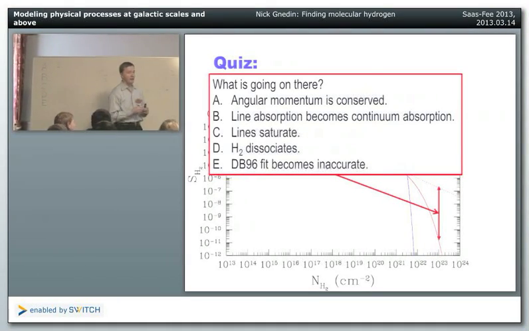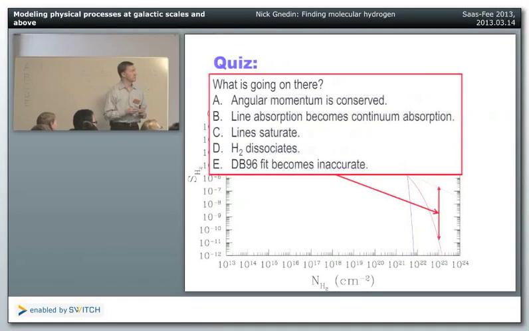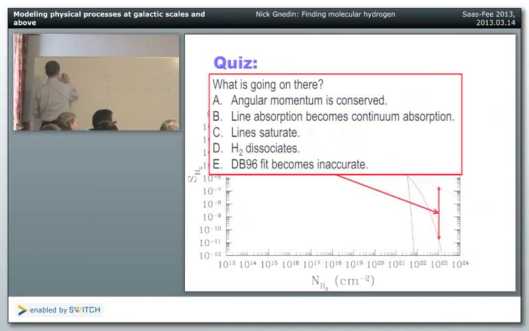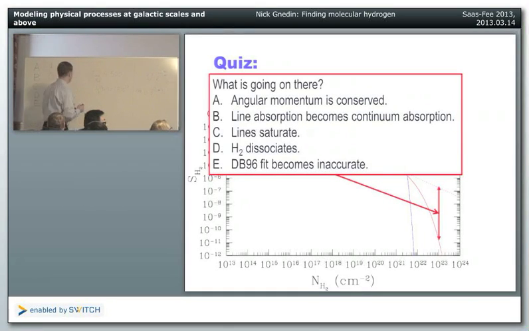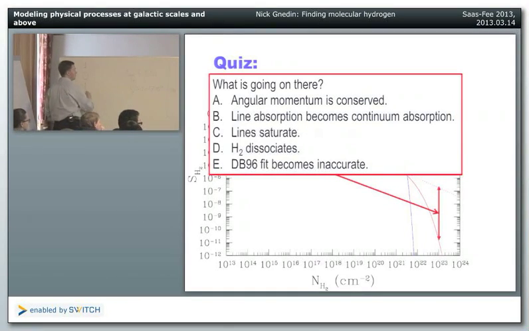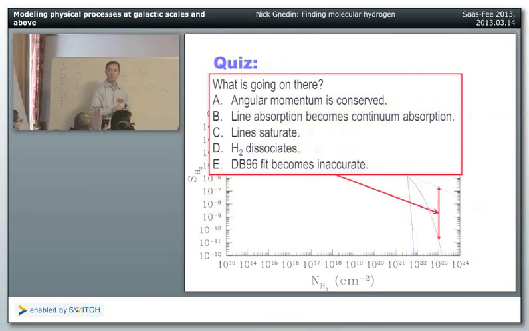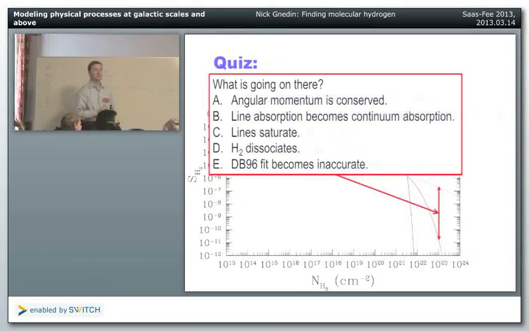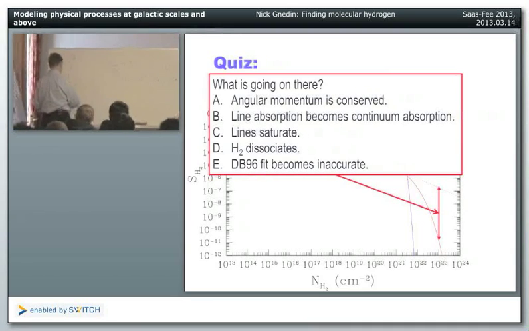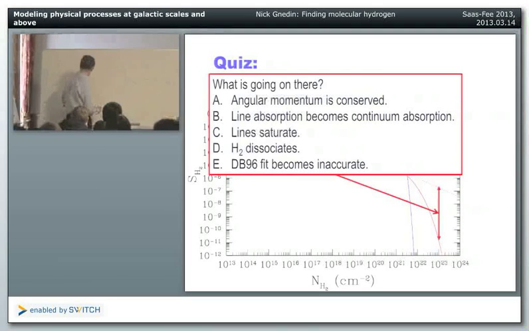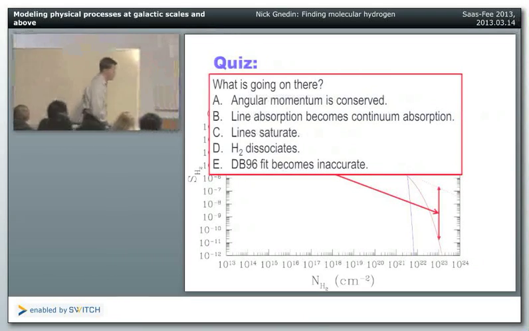Okay, B. No one's for B. C. D. E. Yeah, you're not brave enough, right? It's like you're voting for your life or something.